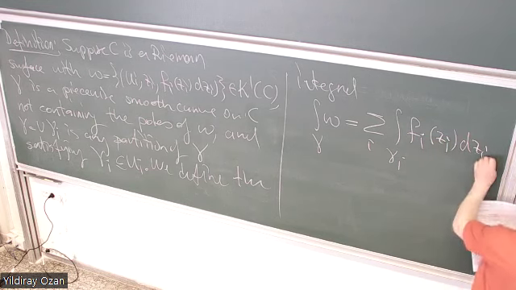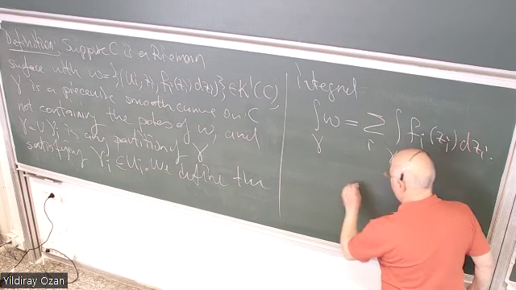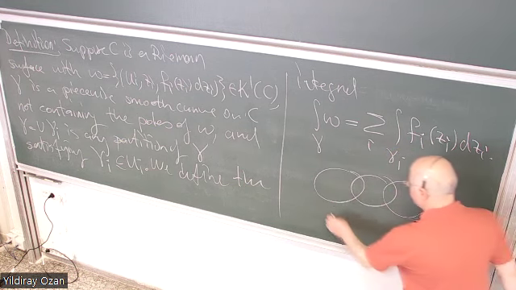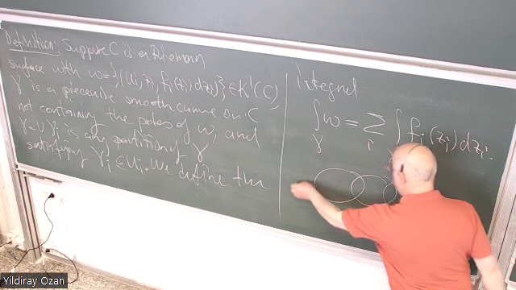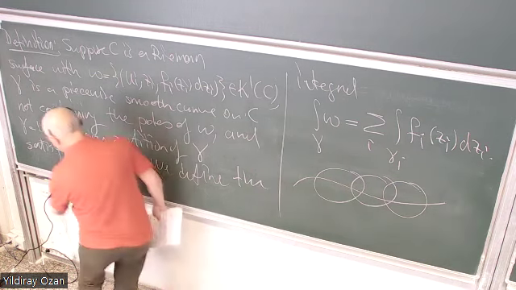Okay. Yani ne yapıyorum? On our Riemann surface I have some curve gamma, and on each open set I have a piece of it.